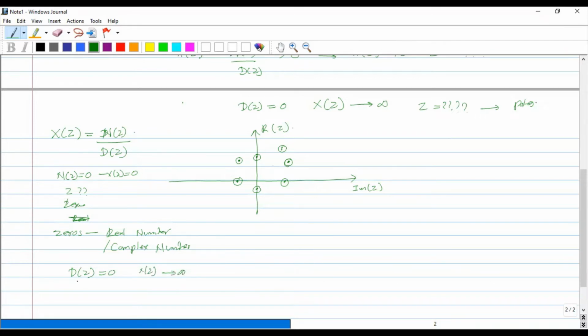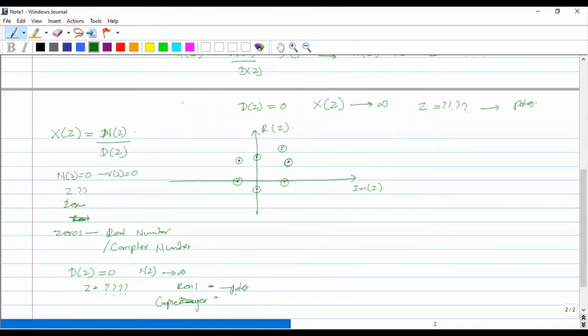If we find the value of z, you can understand that those values also can be real or complex, we don't know, but those should also be in this z plane. So for that z value, X(z) will reach infinity, so we call them poles.